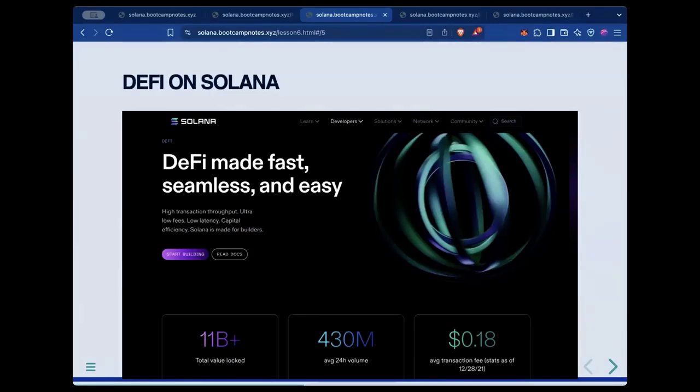DeFi, I think, is one of the major areas. When people think about blockchains, this is one of the areas that they tend to think of first. And certainly Solana has quite a large emphasis on DeFi. I think part of that is it has targeted scalability.